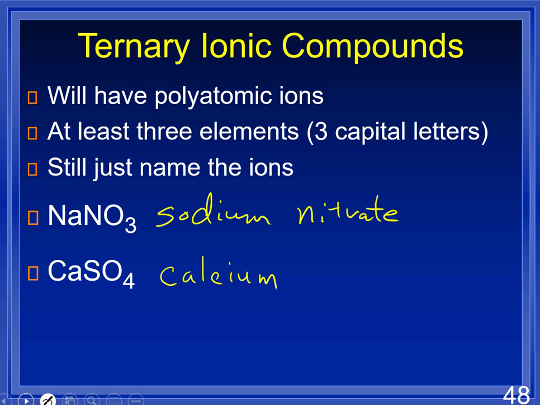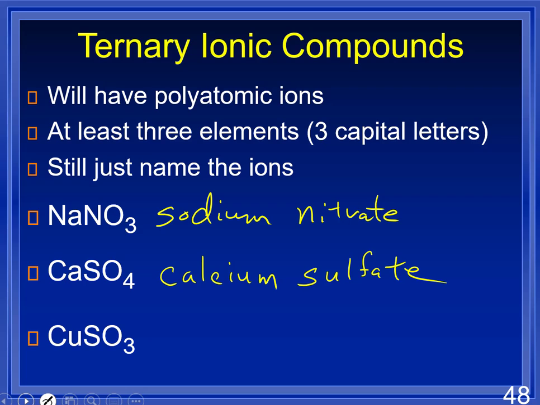So my first ion is the calcium ion. SO4, 2 capital letters, so I look on my list, SO4 was called sulfate. That's it. It's just recognizing it's there. Everything else is the same. Just got to recognize there is a polyatomic ion and then name it.